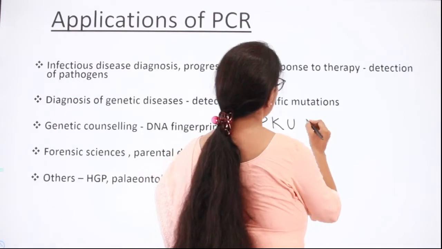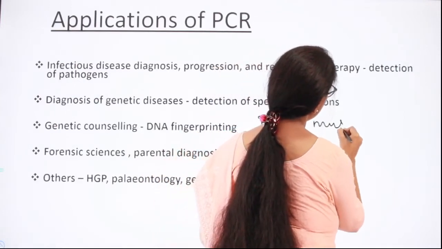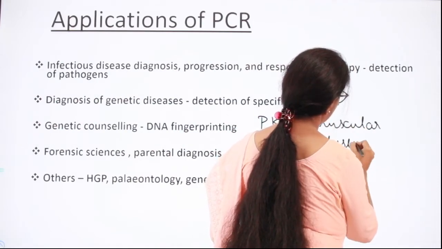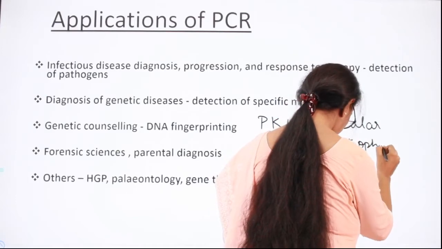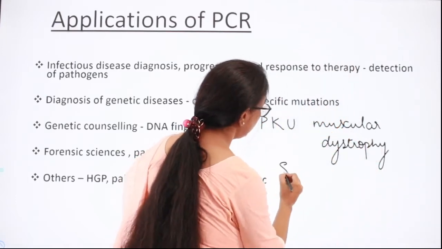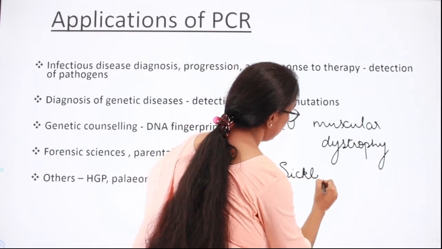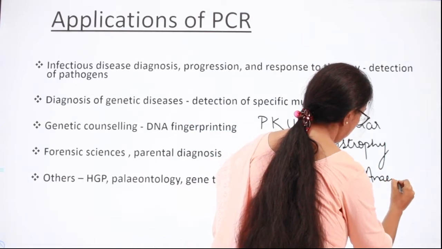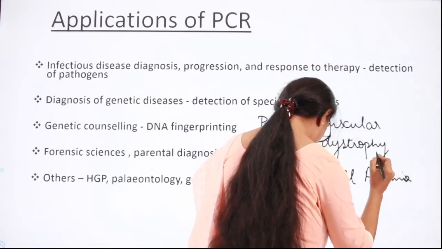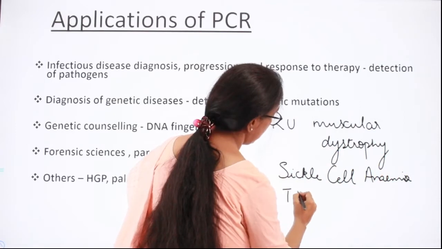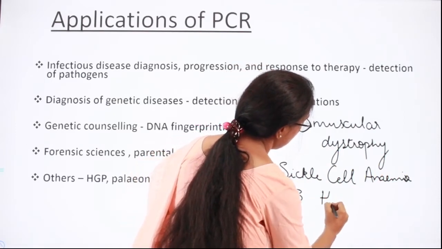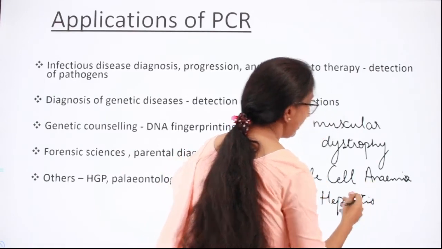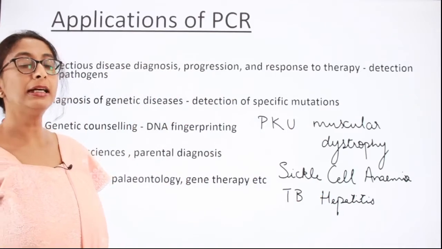Some of them are phenylketonuria, muscular dystrophy, sickle cell anemia, tuberculosis, hepatitis, so like this, a lot number of diseases can be identified.